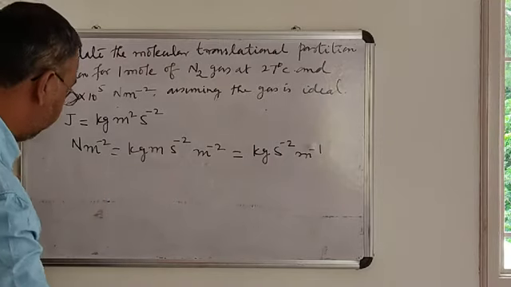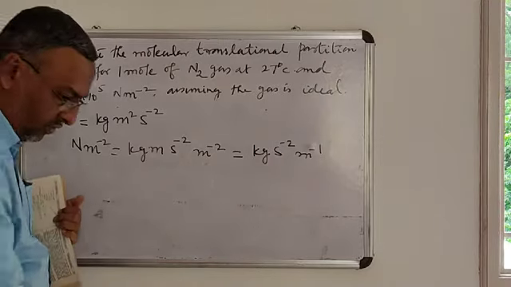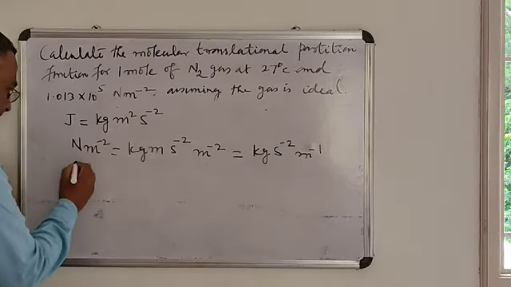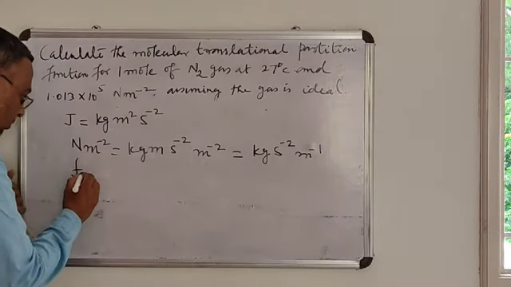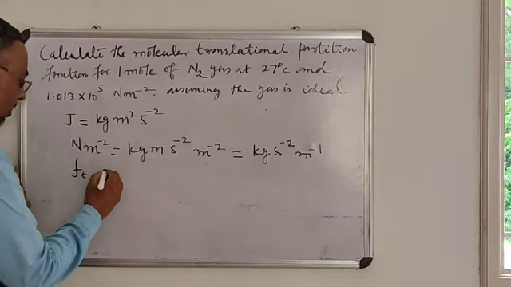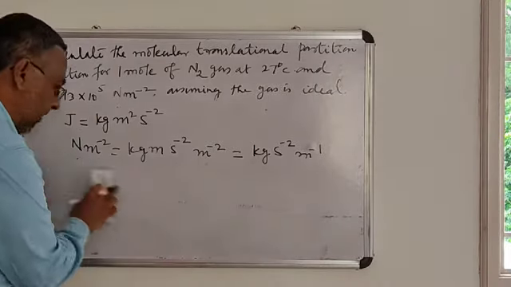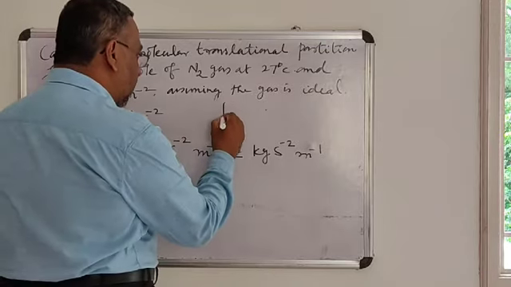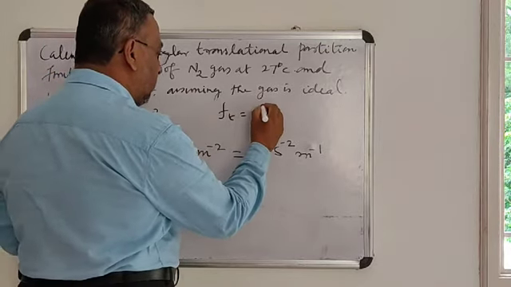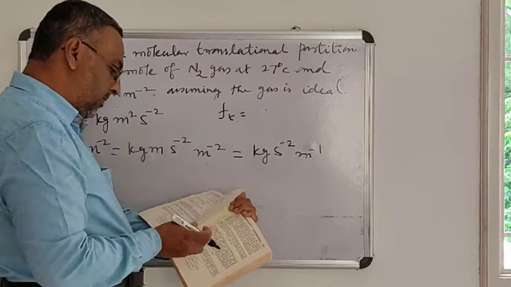Now, I am substituting all the values of units. What is the unit? F of t is equal to, we have the formula, I am writing here so that it is easy for you. F of t is equal to, what is the formula?